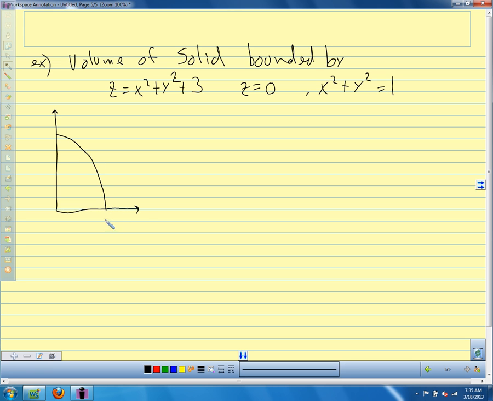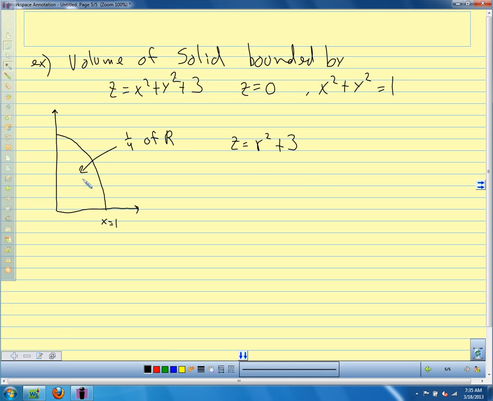My radius is 1. And I sketched a quarter of the region. And if I change my function z equals x squared plus y squared plus 3, how would I represent that in polar coordinates? z equals r squared plus 3.